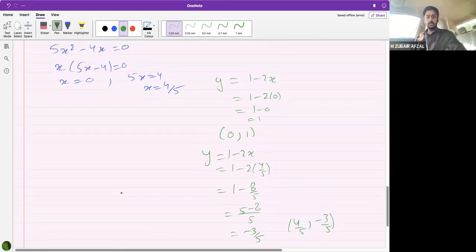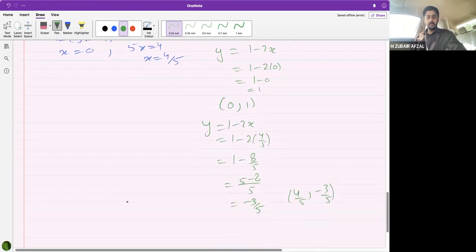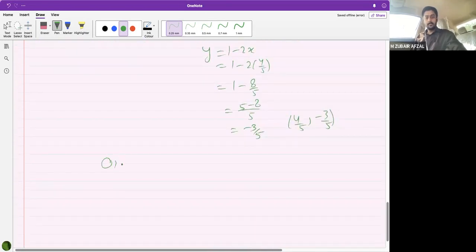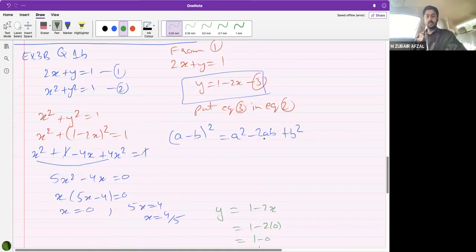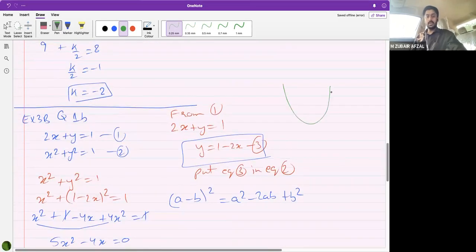So our two roots are 0, 1 and 4 by 5, minus 3 by 5. Why are we getting two answers? Because one equation is quadratic, the other is linear. So they're intersecting at two different points, A and B.